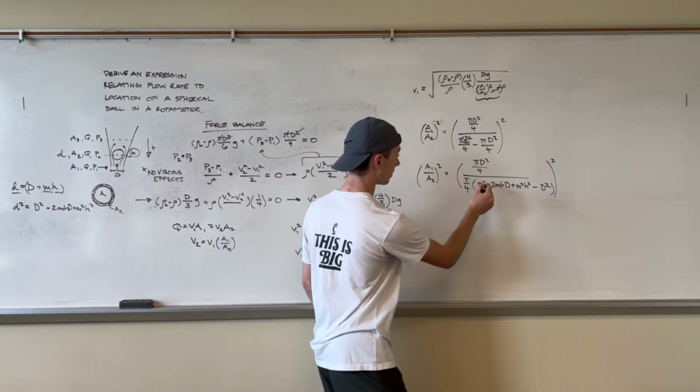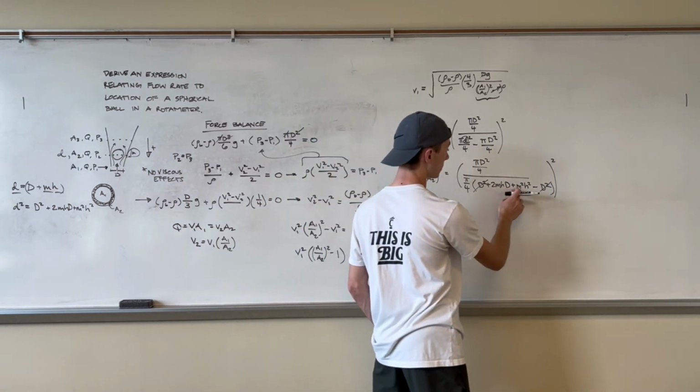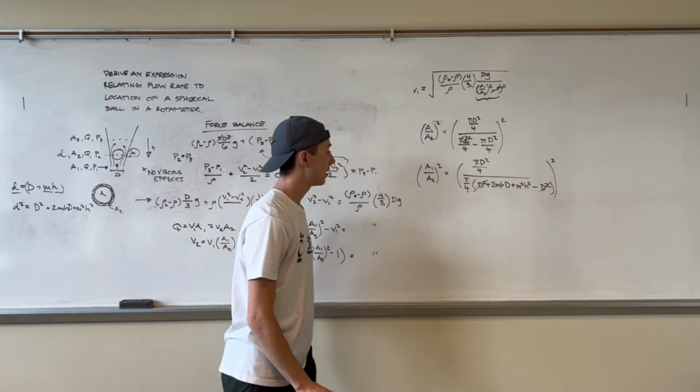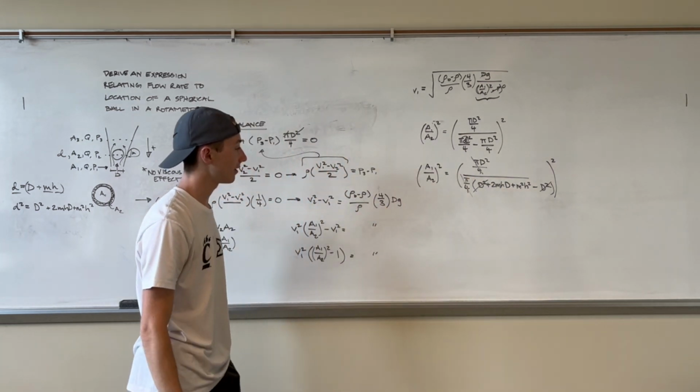Okay, so you can see right away that these cancel out, D squared minus D squared. And we're left with 2mhD plus m squared h squared over 4. And then obviously our pi over 4's cancel out here. And we're left with this.